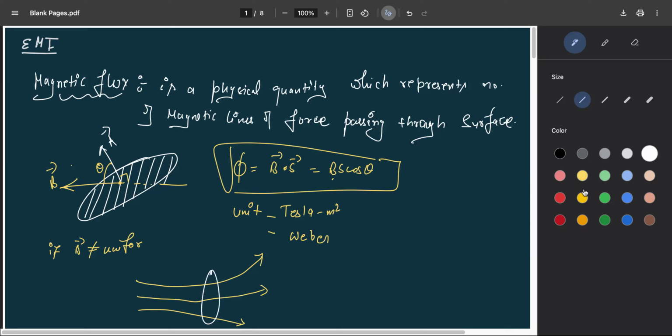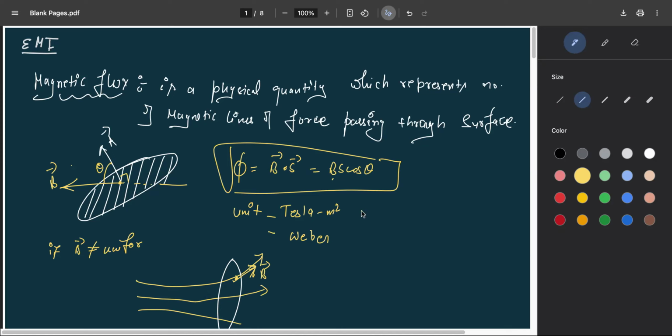At this particular point, the magnetic field is tangential, along the tangent direction. The area vector is the same.